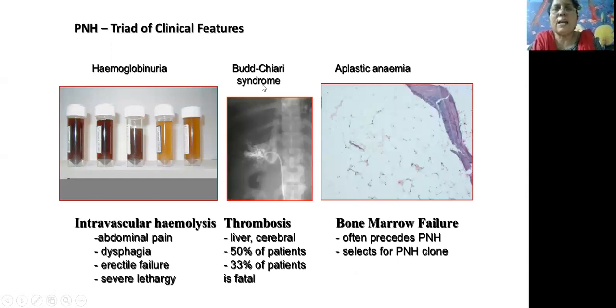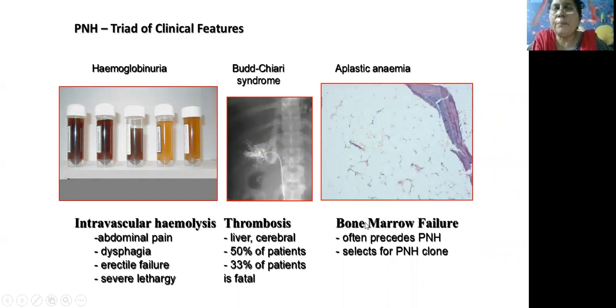Then Budd-Chiari syndrome due to thrombosis. Thrombosis in the hepatic vein is called Budd-Chiari syndrome. It can occur in the liver or in the brain. 50% of the patients, and in 33% of them it leads to mortality. Then aplastic anemia, bone marrow failure.